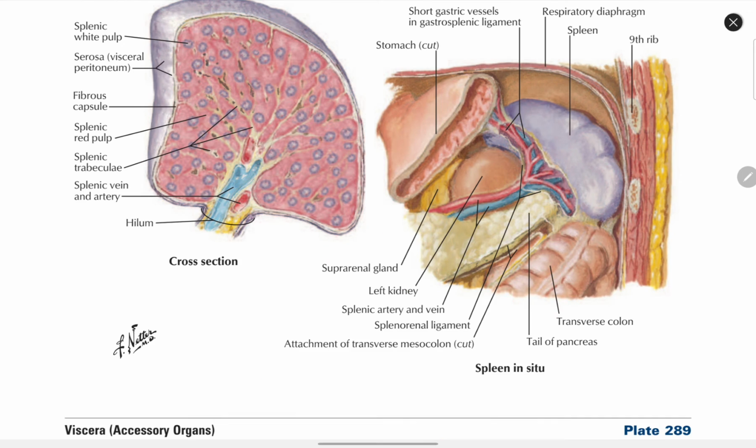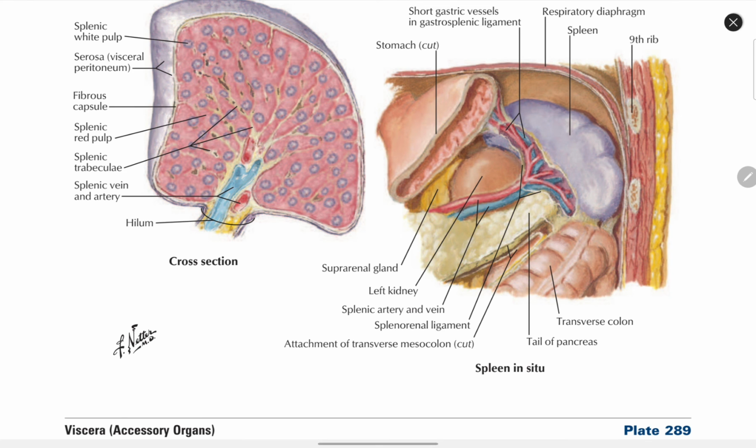Now about the applied importance. We can palpate the spleen. When the spleen gets enlarged, it can be felt under the left costal margin during inspiration. When the spleen gets enlarged, it is called splenomegaly.